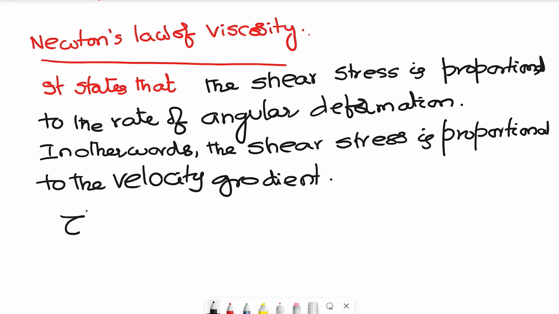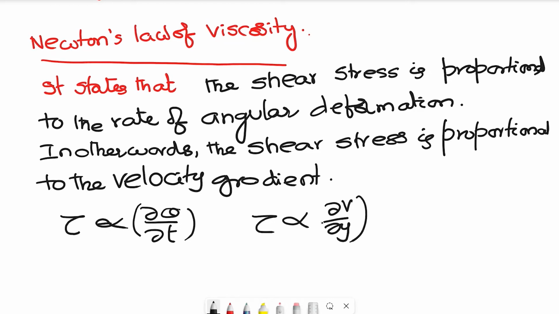Shear stress is represented by tau, which is proportional to the rate of angular deformation, which is nothing but dou theta by dou t. Shear stress is proportional to dou v by dou y. This is called the velocity gradient. So this is the rate of angular deformation and this is the velocity gradient. And this we commonly use in future.